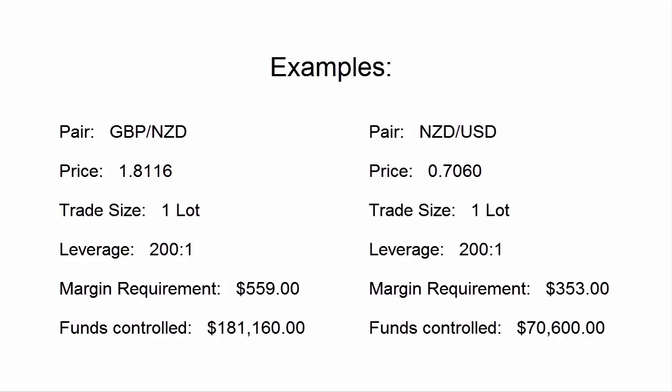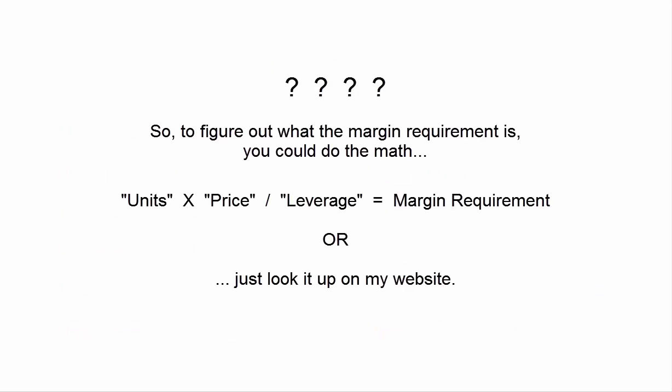And this is because of the difference in the total amount of funds that are being controlled by a one-lot trade in each of the two pairs. One lot represents 100,000 units of whatever the pair is. So the pair price times 100,000 determines how many dollars are actually being controlled by the one-lot trade.